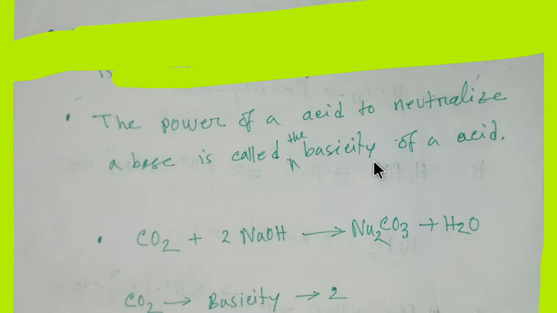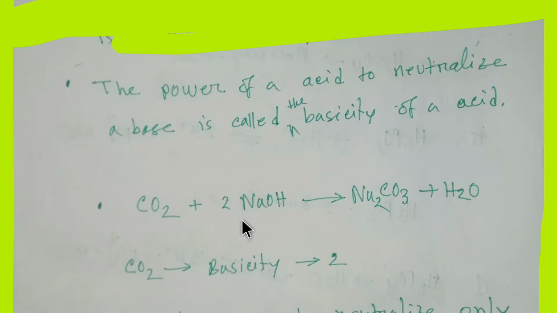So in this reaction, you see that carbon dioxide here is an acid, but we would like to know what is the basicity of acid. Carbon dioxide is reacting with two molecules of sodium hydroxide. So the basicity of carbon dioxide is 2. That is, carbon dioxide has the power to neutralize two molecules of base. So that's why carbon dioxide's basicity is 2.